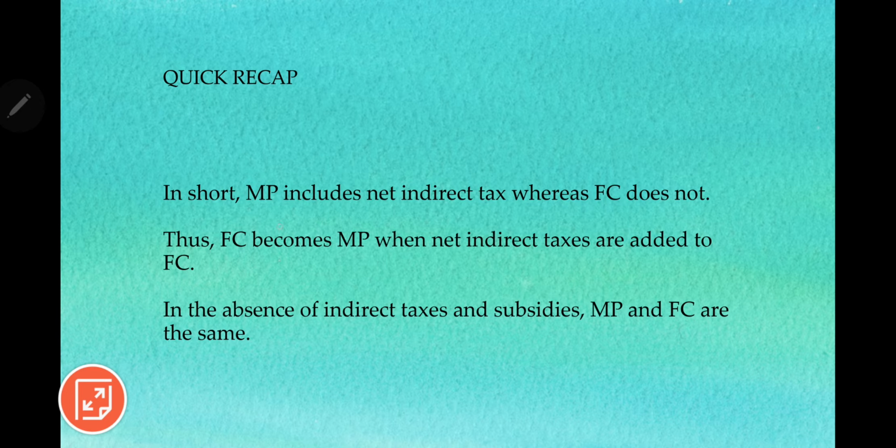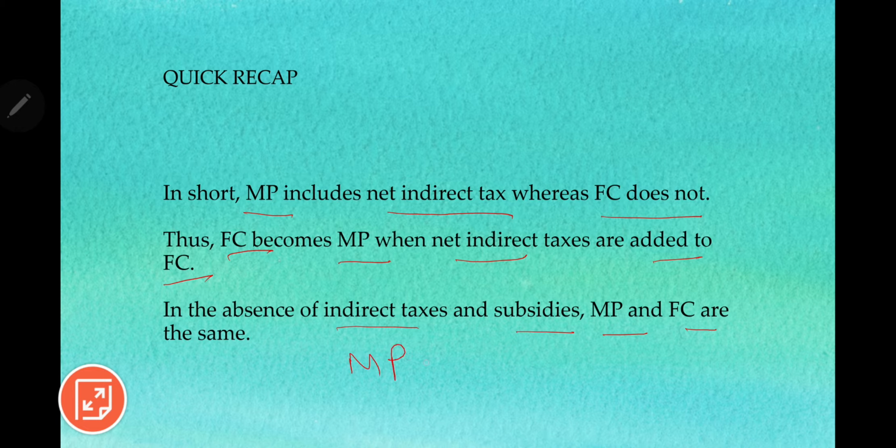A quick recap: market price includes net indirect taxes, whereas factor cost does not. Factor cost becomes equal to market price when net indirect taxes are added to the factor cost. In the absence of indirect taxes and subsidies, both market price and factor cost are going to be the same.